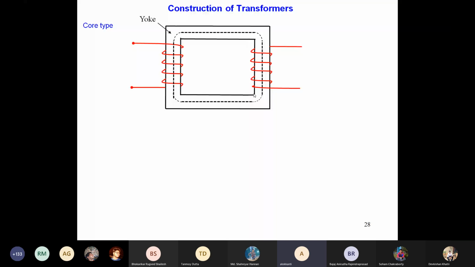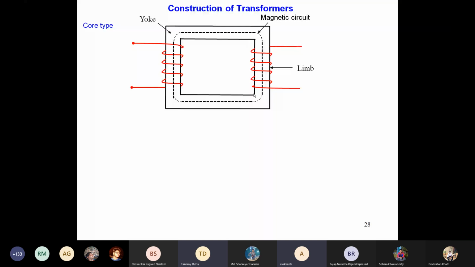This is called the yoke of the transformer, and these vertical pieces are called the limb. This is the magnetic circuit.